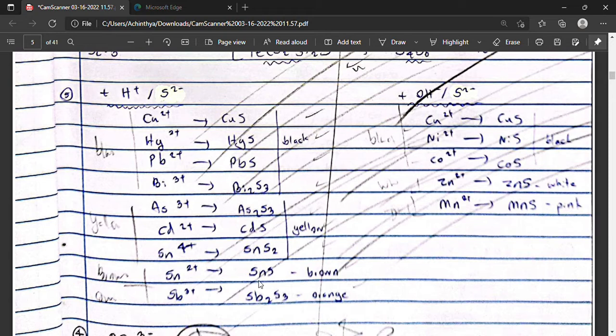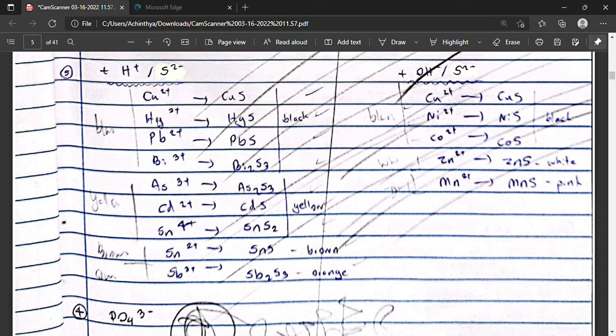Cation solutions, when we bubble hydrogen sulfide gas into them, that is basically saying that we are adding sulfide, and they will form their respective sulfides. These cations will form the sulfide precipitate in acidic medium. These cations will produce the precipitate in basic medium only.